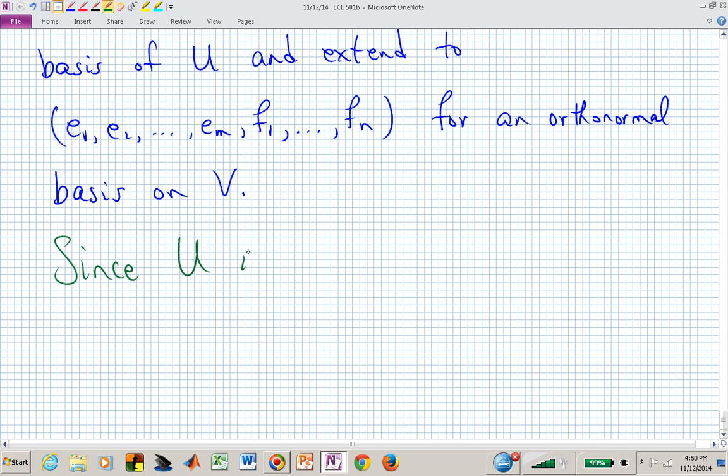Since U is invariant under T, what do we know about T E sub j? E sub j is some vector in that first list of vectors E1 through E sub m.